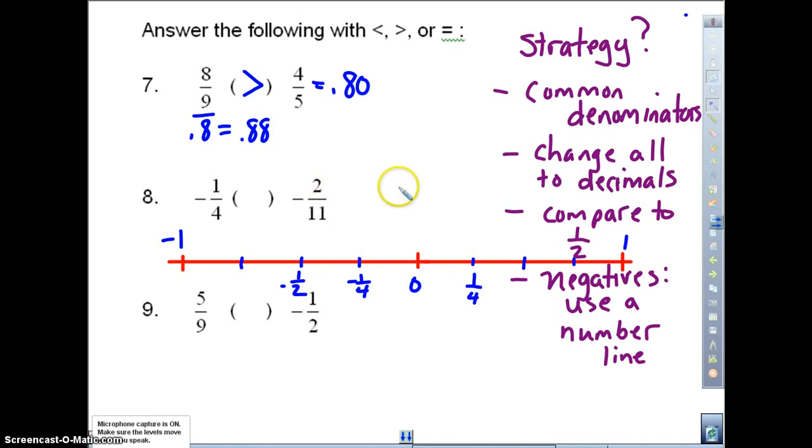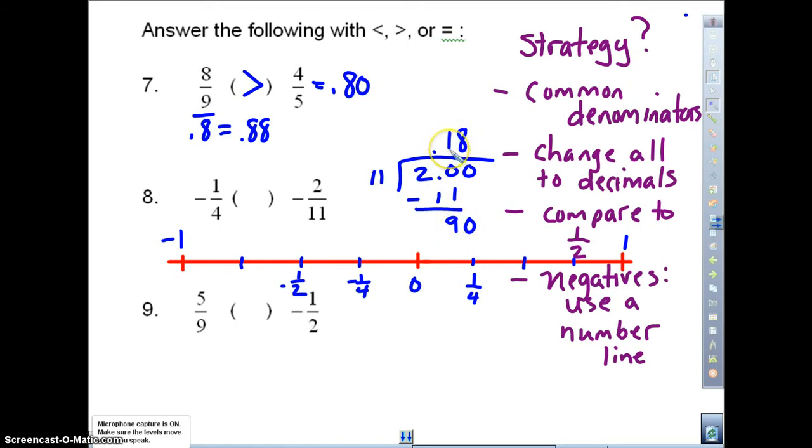2/11. If I make it positive 2/11, I'm going to do this, because I don't have this one memorized, but it's real easy to do. 11 and 20, it won't go in there twice, so it's only once. 20 subtract 11 is 9. Throw in a 0, bring it down. 11 into 90 only goes in there 8 times, because 8 times 11 is 88. So that's 0.18.